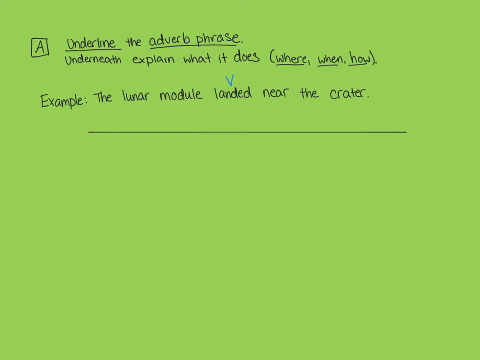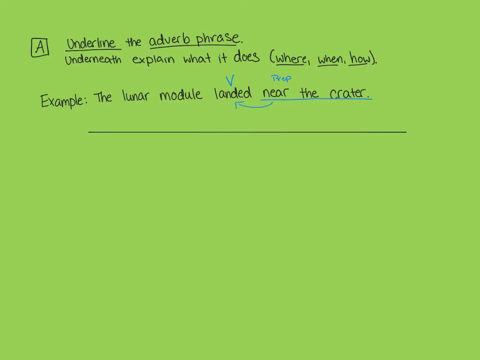You don't need to do this part, but I am. And this sentence, the lunar module, there's my subject, landed verb, near the crater. Now, this whole phrase, near would be my preposition, near the crater. It's modifying, right, this verb, telling you where it landed.